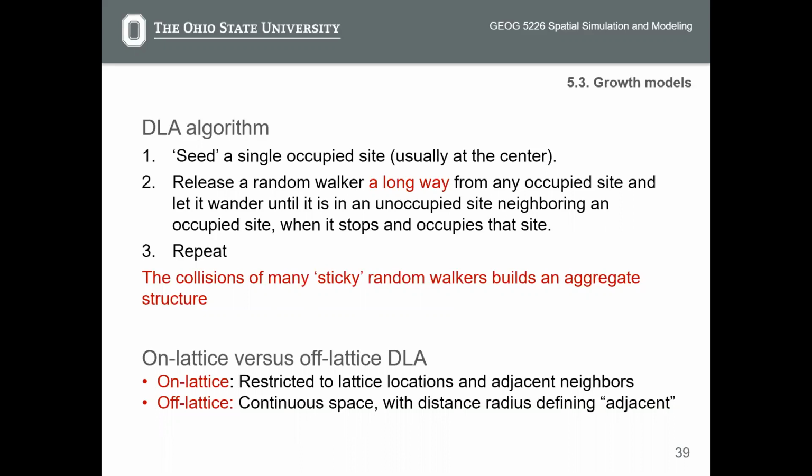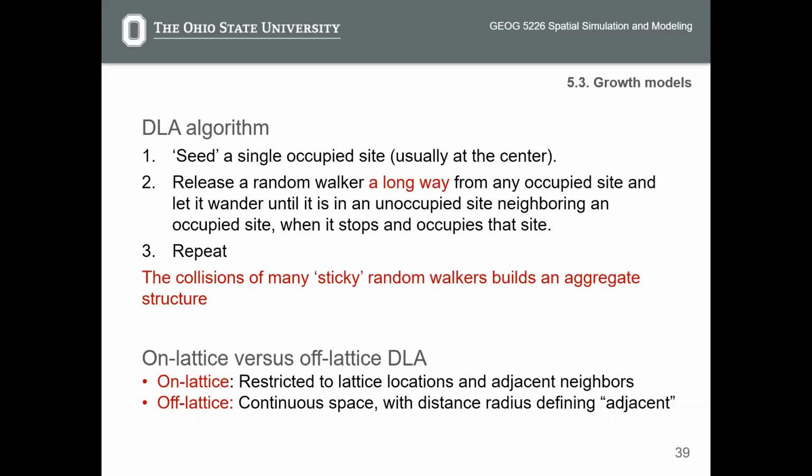It means that when you assign a seed to the lattice and you let this walker wander, it will continue to wander until it touches that seed in the center of the lattice. It will occupy a site neighboring the seed and then disappear.